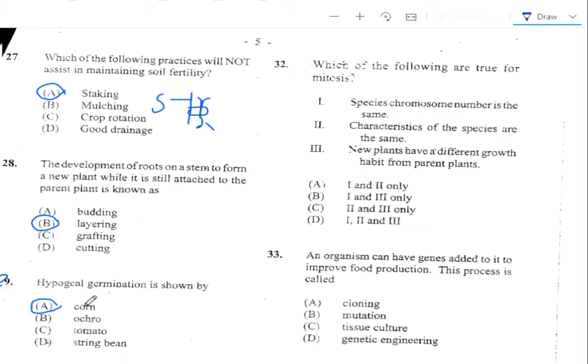Alright, hypogeal germination means the cotyledon of the seed does not come above the ground during germination, right? So all grass plants, all plants related to corn would go through this type of germination. Alright, the other type would be epigeal. So all the dicots would go through epigeal germination. So monocots go through hypogeal, and dicots go through epigeal germination.